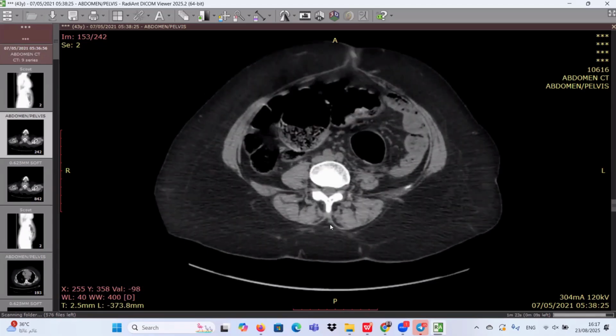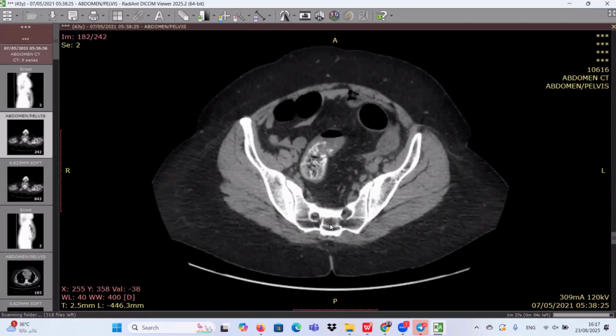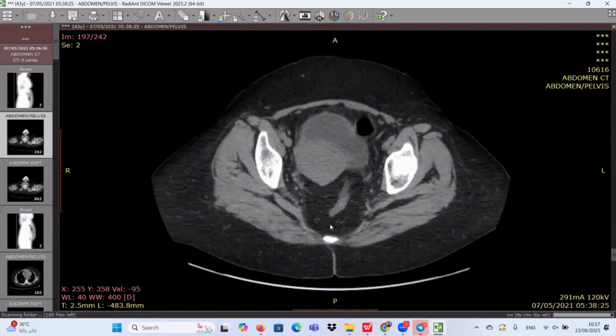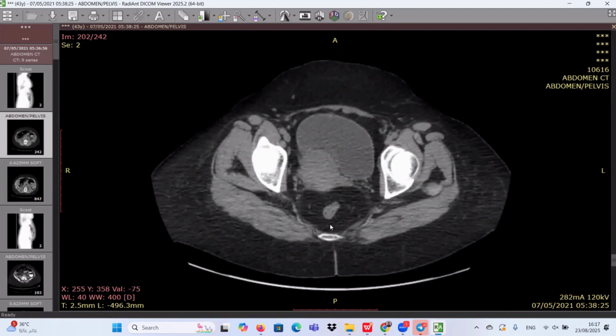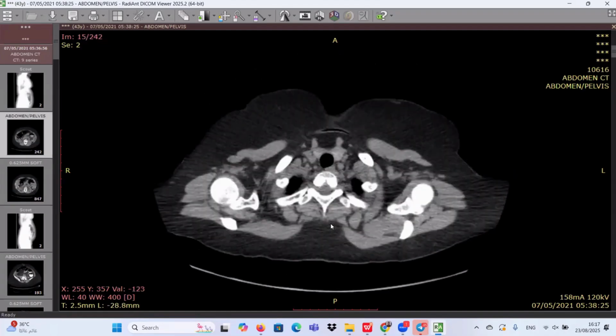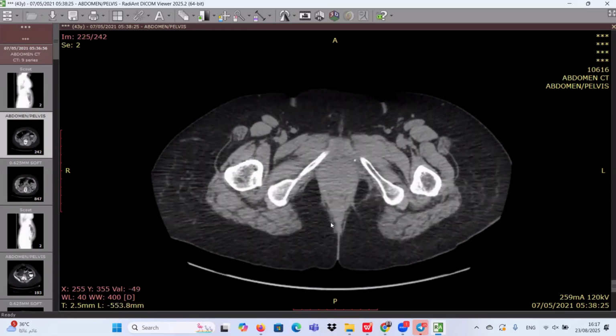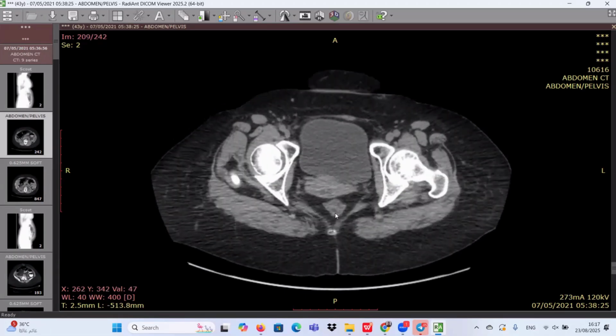And then as I scroll down, I'll scroll down till the last cut, and then I'll come back and trace the colon once again. So the rectum is collapsed, and now I will trace the rectum from down, scrolling upward.